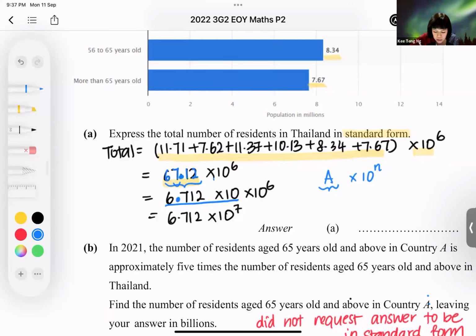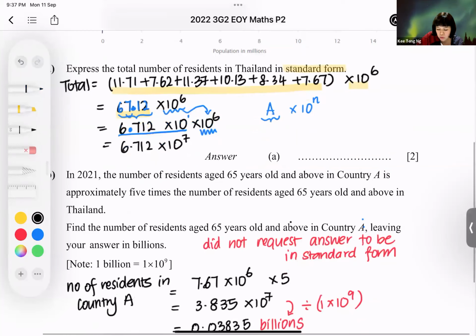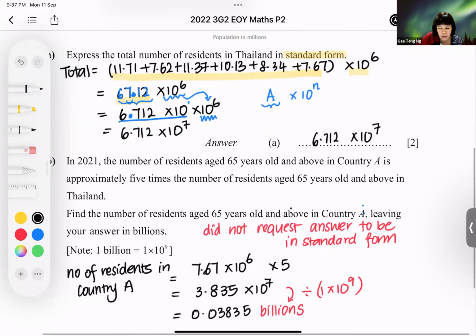But not forgetting, I got a 10 to the power 6 originally. So I have to bring this down, 10 to the power 6. Combining the powers of 10 together, that's 10 to the power 1 and 10 to the power 6. In total, we have times 10 to the power 7. So the final answer will be 6.712 times 10 to the power of 7.